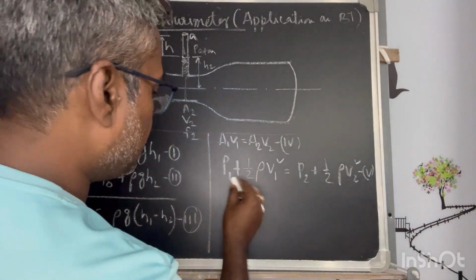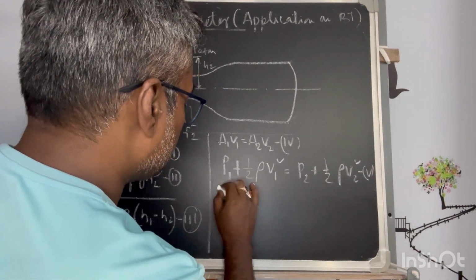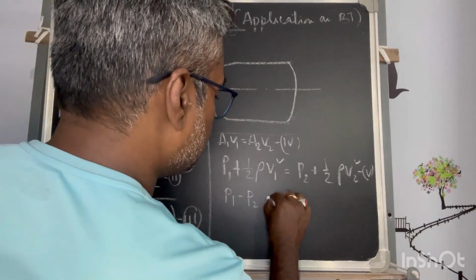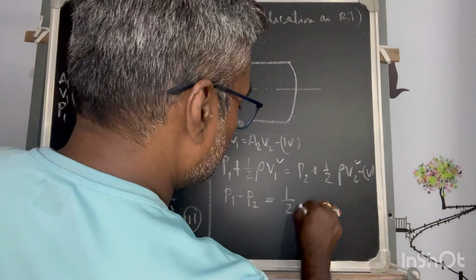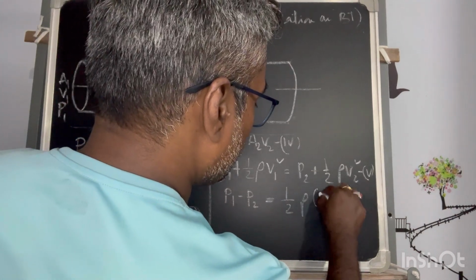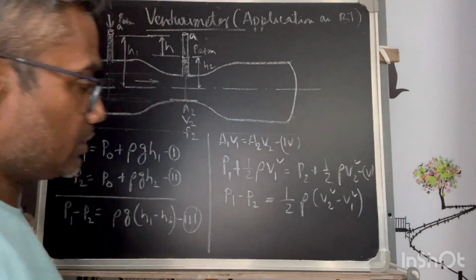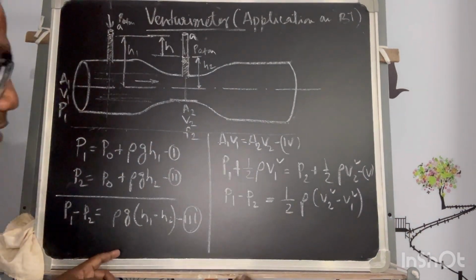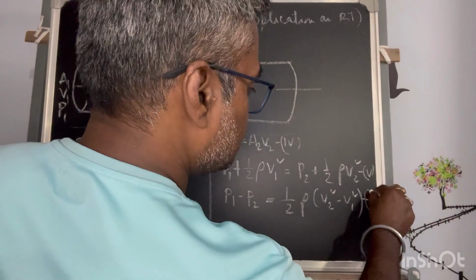That also can be reduced to P1 minus P2. P1 minus P2 is equal to, P2 will come to this side, and this will go to that side, so half into rho into V2 square minus V1 square. Fine. So now this is your sixth equation.